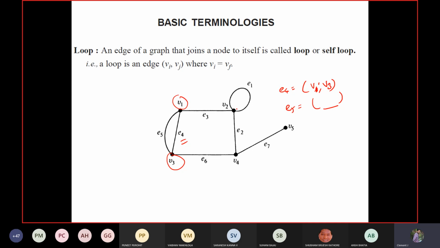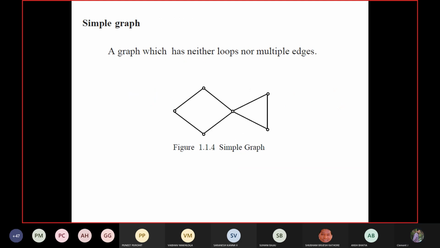But in this case E1 can be written as V2 comma V2, because the starting point is V2 and the ending point is V2 itself. So this is called a self loop, or sometimes simply a loop.